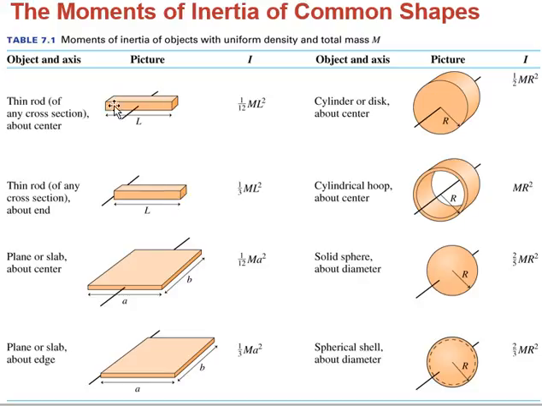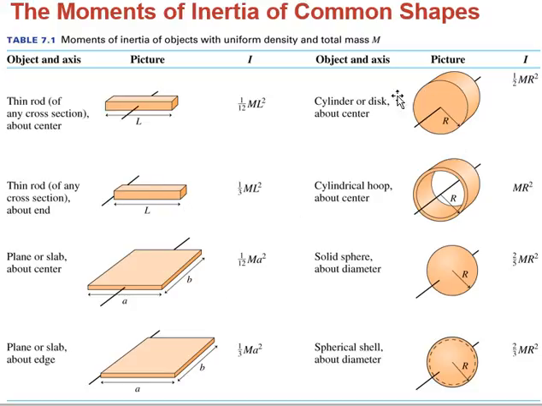Now notice the moment of inertia is different for a thin rod rotating about its center than at the end. It's 1/12 ml squared versus 1/3 ml squared, and 1/12 is a lot smaller. You can figure this out with a meter stick. If you put your hand at the middle and try to spin it back and forth, versus putting your hand on the end and trying to move it back and forth, you'll find out that it has a lot more inertia at the end.